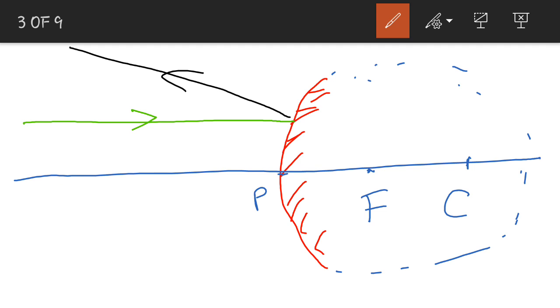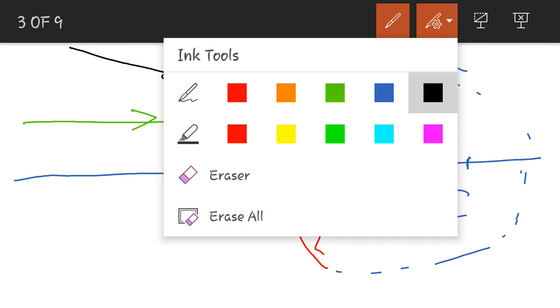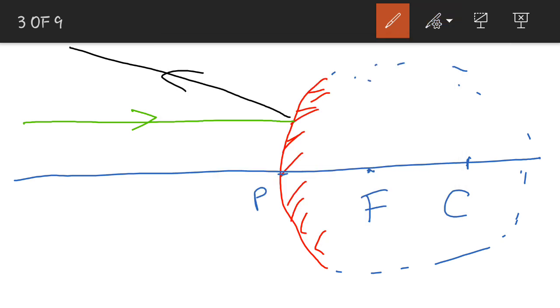But for this reflected ray, according to the rule which we have studied, a ray parallel to the principal axis always passes through the focus. But here, it only appears to pass through the focus.